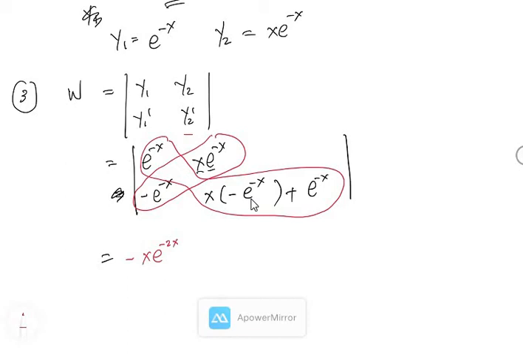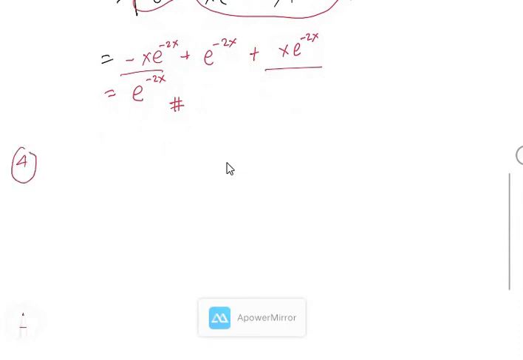You get x times negative exponent negative 2x, plus exponent negative 2x, because this one multiplies with this whole thing.